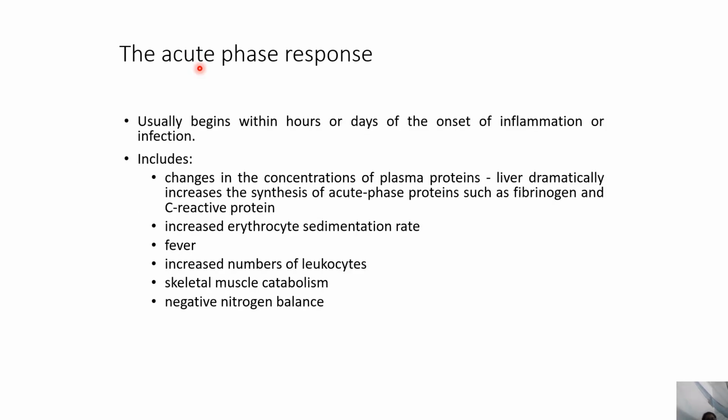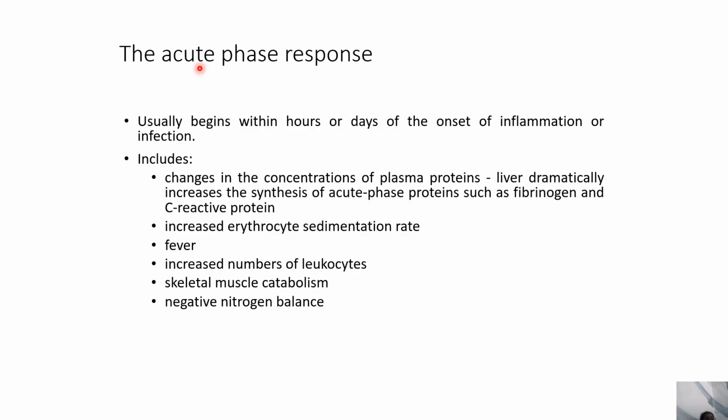If we talk about the acute phase response, it usually begins within hours or days of the onset of inflammation or infection. Basically, it includes changes in the concentrations of plasma proteins. The liver dramatically increases the synthesis of acute phase proteins such as fibrinogen and C-reactive protein, CRP.